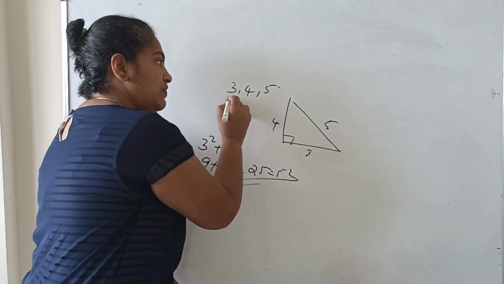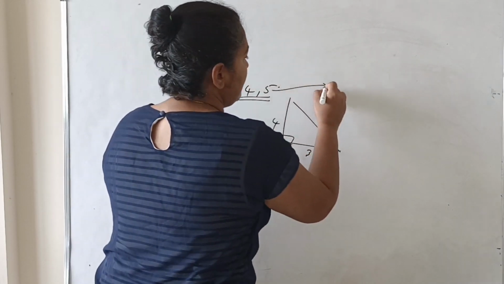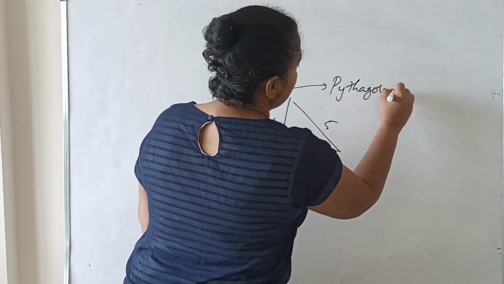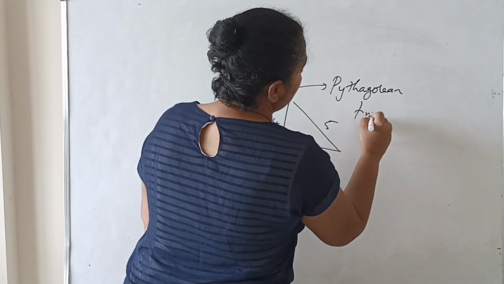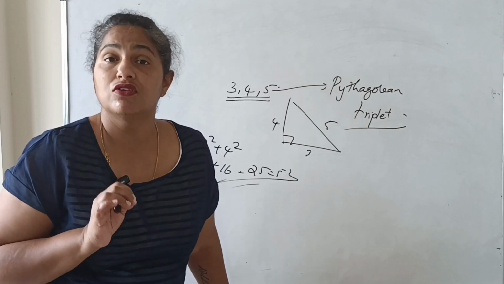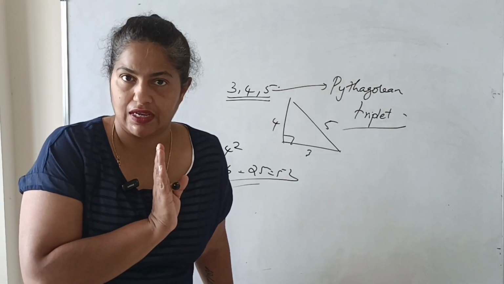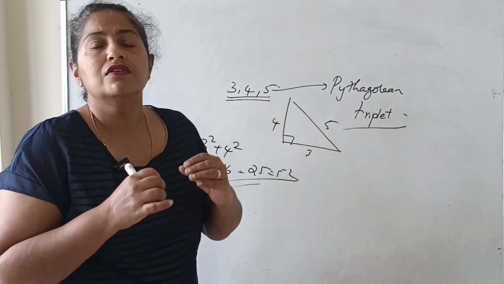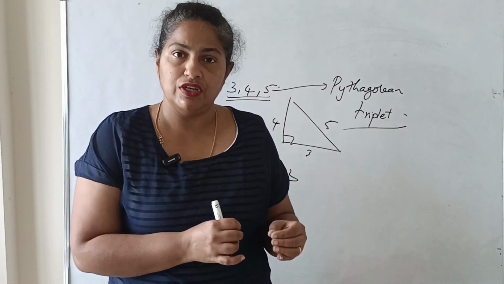Now these 3 numbers, 3, 4 and 5, I can say will make a Pythagorean triplet. Pythagorean triplets are basically 3 natural numbers that will satisfy the Pythagoras theorem when it is applied to the sides of a triangle. So in this case, 5 square is equal to 3 square plus 4 square. So there are many Pythagorean triplets that we know about.